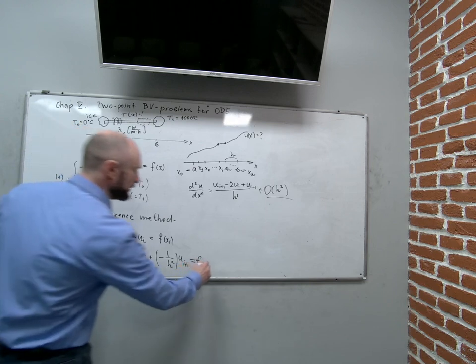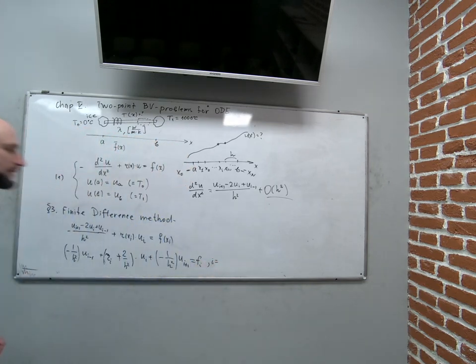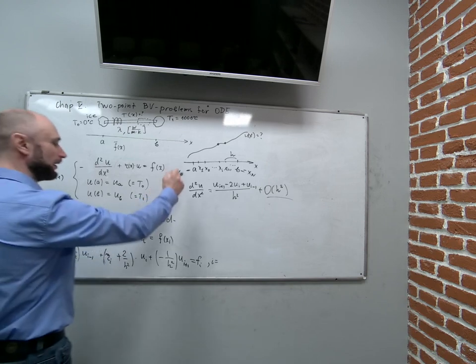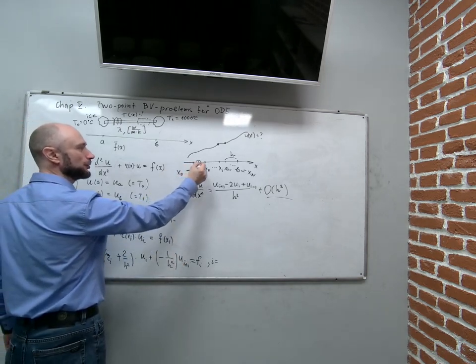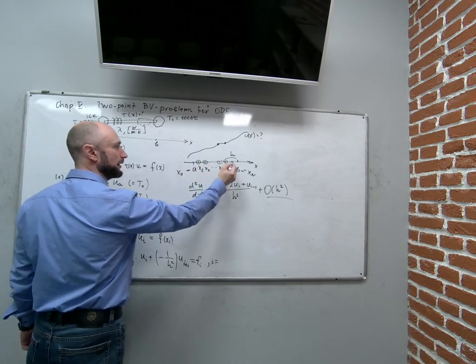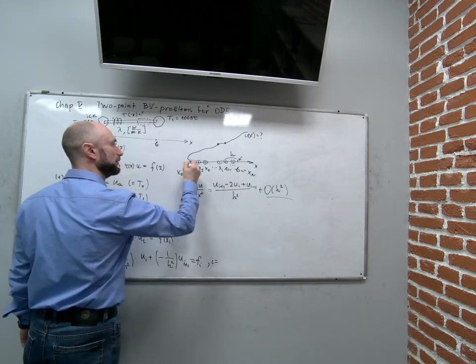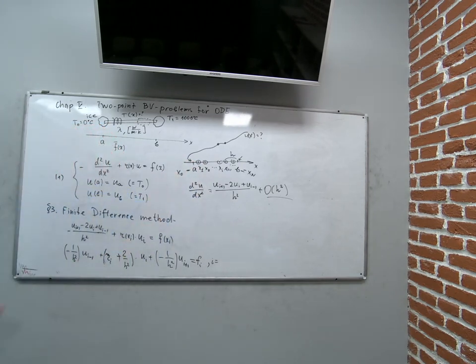So this equation is valid. Where is it valid? For which points of our mesh is this equation correct? This equation is correct for all internal nodes of our mesh, right? But not here and not here. Because the ends are defined by the boundary conditions. And these boundary conditions may be different, may be more complex. We'll consider this case a little later.